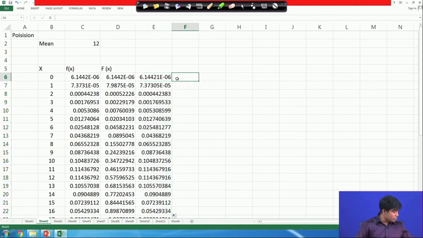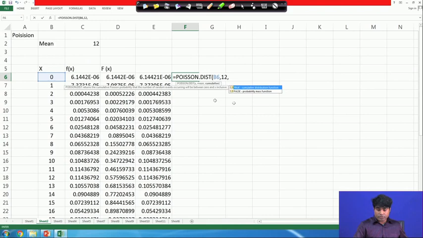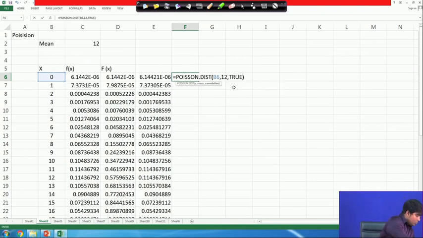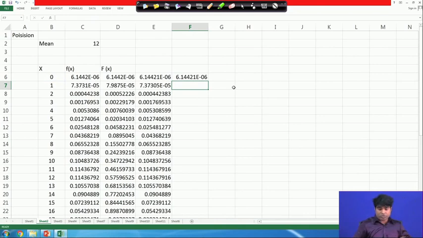Again, the same structure, if you go by true, then it will give you the cumulative frequency. So, again you put Poisson distribution. Okay. So, click there, then indicate the variable choice first, then put the mean, that is 12. Okay. Then put the true case. Okay. Then you close the bracket and press enter, right.